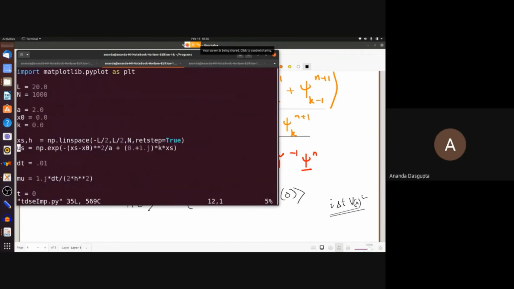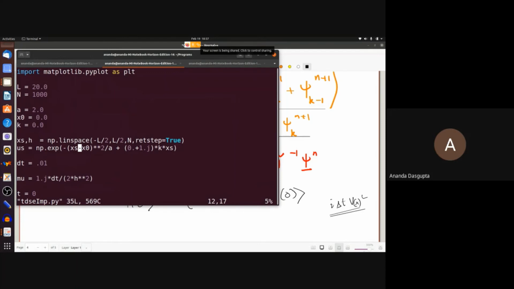Why? Because the wave function I've chosen here, a wave function of just the right width, A equal to 2, centered at the origin, is exactly nothing but the ground state wave function for the harmonic oscillator. As a stationary state, as it evolves in time, nothing should happen to it.